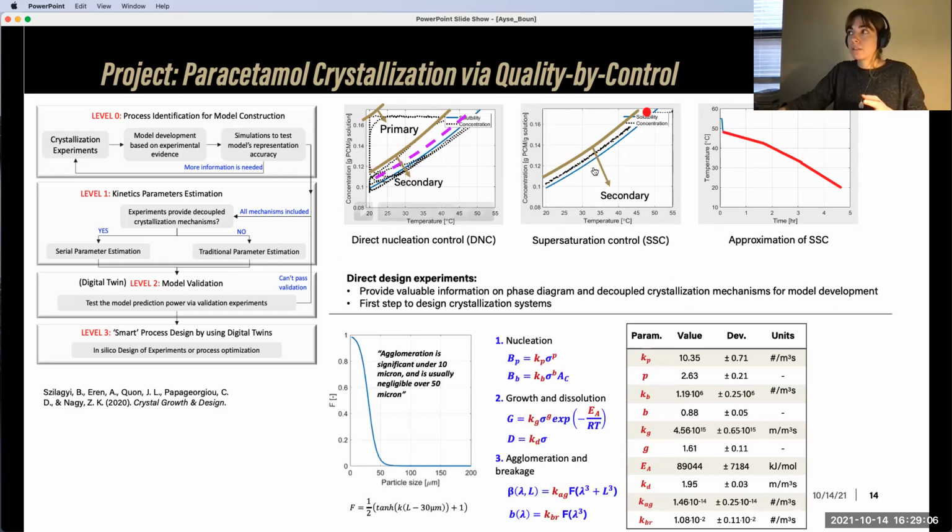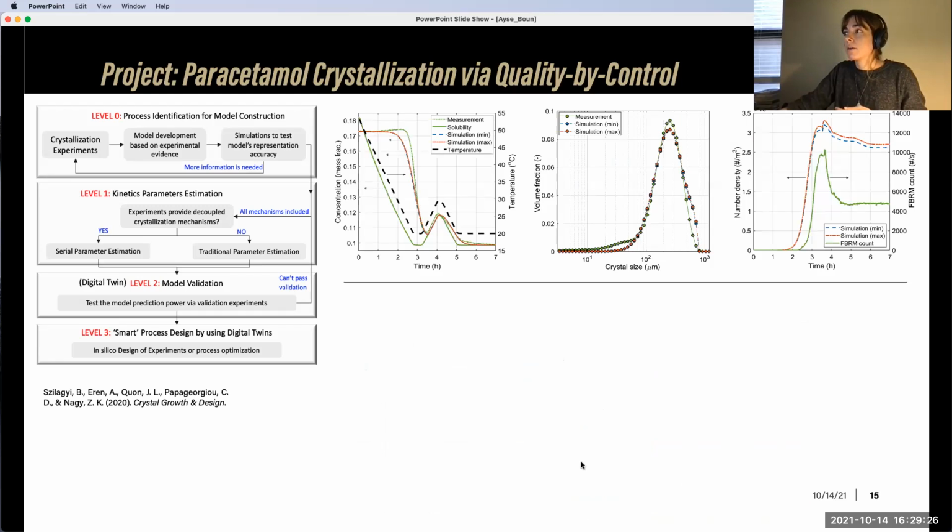So we collected the data from these experiments because that was really good data, decoupling growth from nucleation and everything. And we wrote our model, very similar to what I just showed you, to estimate these red parameters. And by running that optimization routine, we estimated our parameters shown in red. And then we went back to the lab to do another experiment to validate this model.